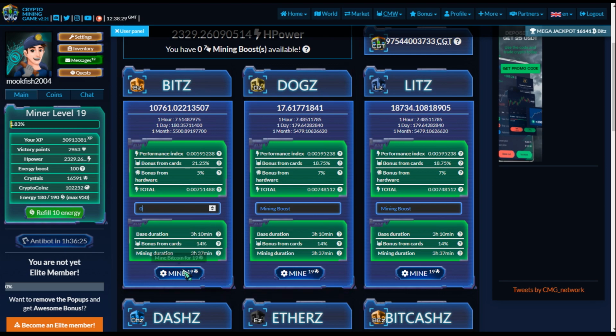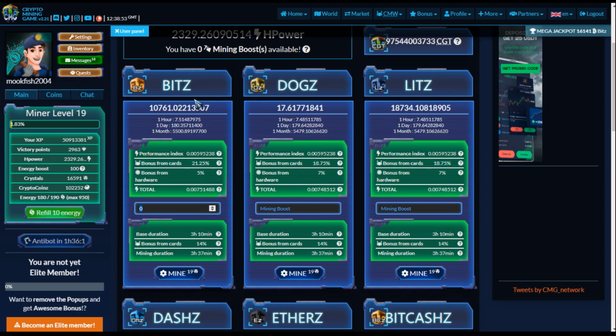Okay, so the other interesting thing is what I noticed with lits at 7%. I'm earning, you can see here, 7.48 coins per hour, and from my card bonus, I get an 18.75% boost.